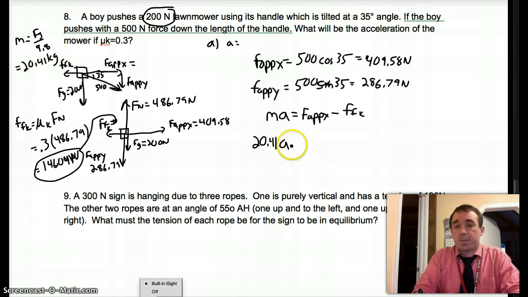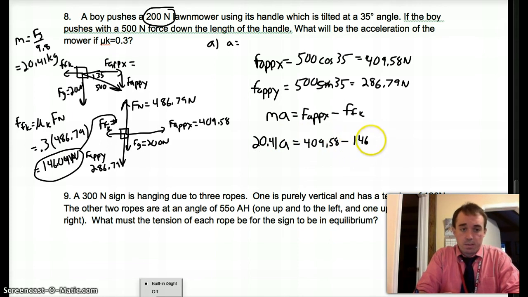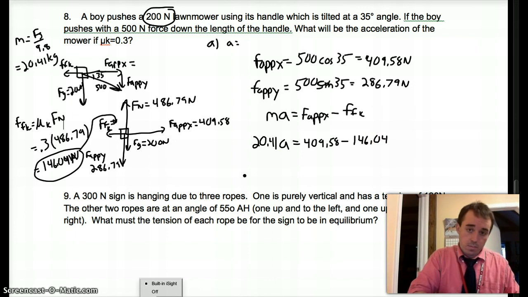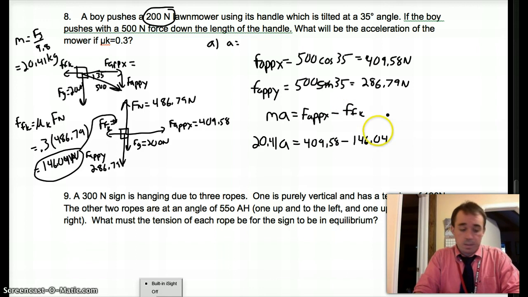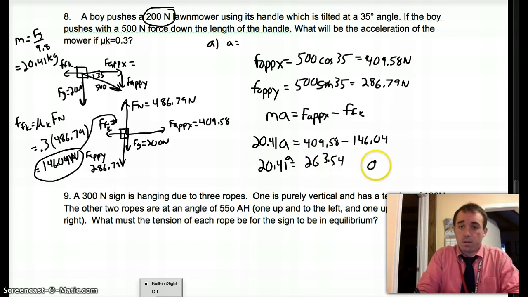So our mass times acceleration is 409.58 minus our force of kinetic friction, 146.04. 409.58 minus 146.04 gives 263.54. So 20.41 times A is 263.54.